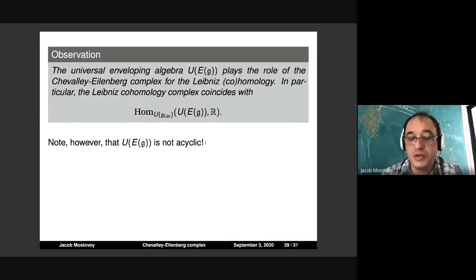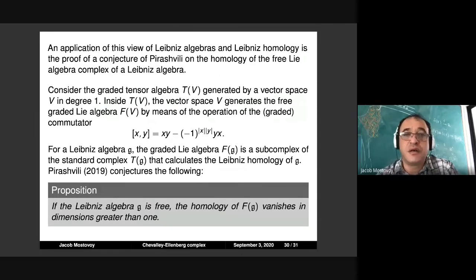So I will only mention in passing that this point of view on Leibniz algebras via the differential graded Lie algebras is actually useful. So a year ago, maybe a couple of years ago, Pirashvili published a conjecture, and he explicitly said that he worked on it a lot.